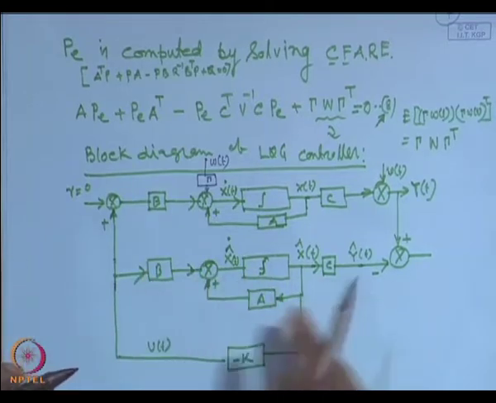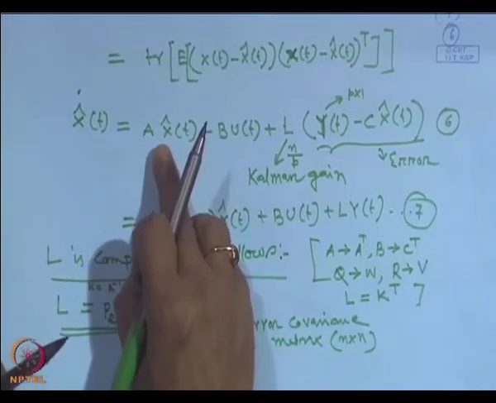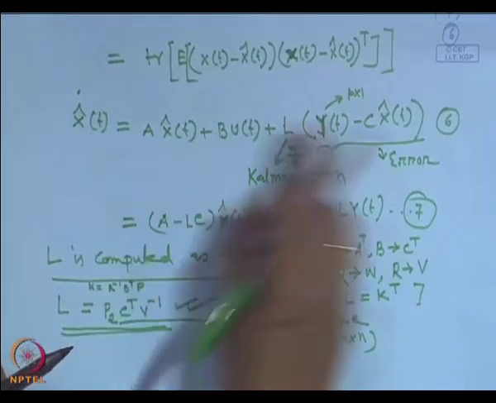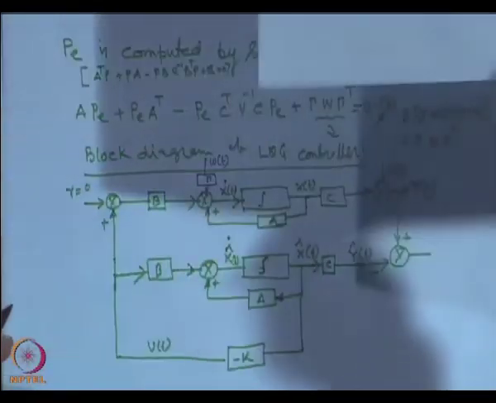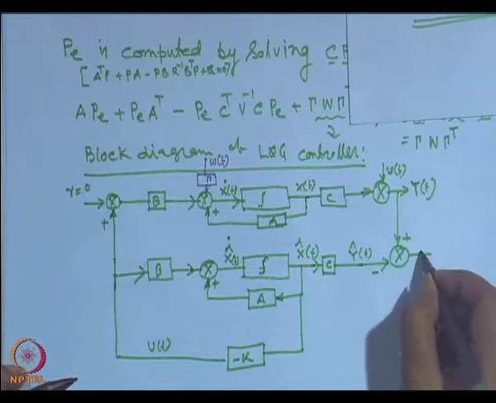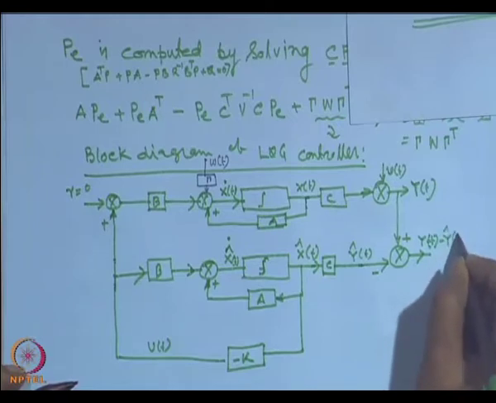Now if you see the observer, the estimated equation is A x plus the correction term, which we have not built up here. This signal is y of t minus y hat of t.